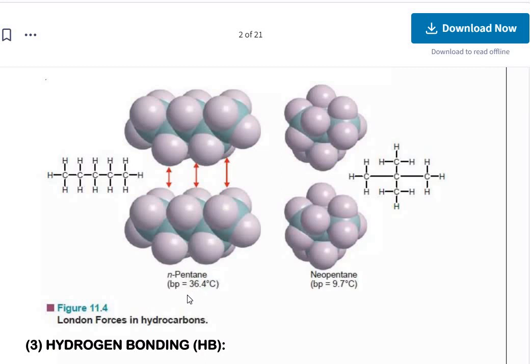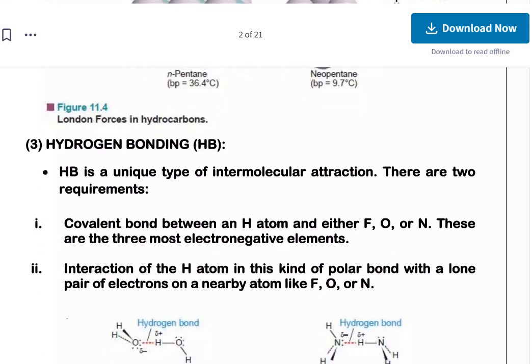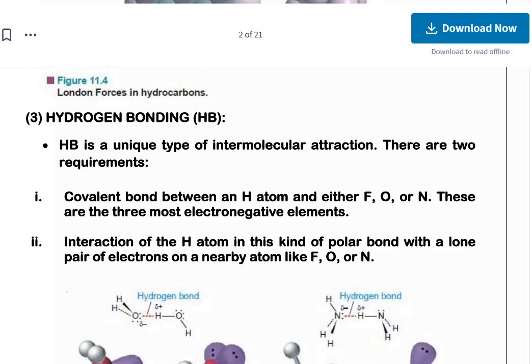N-pentane boiling point is 36 and neopentane boiling point is 9.7 degrees Celsius. Now you understand why there is this much difference in the boiling points of n-pentane and neopentane.